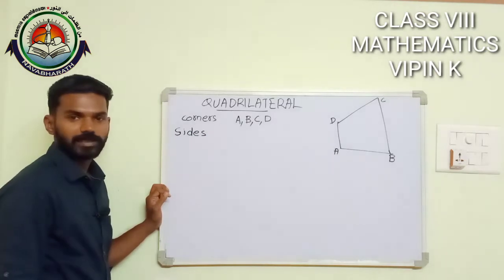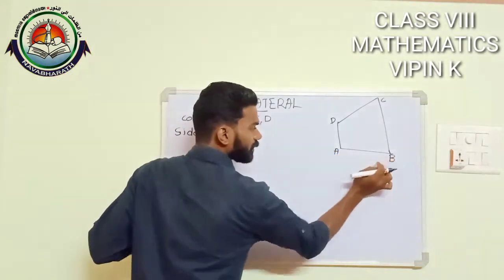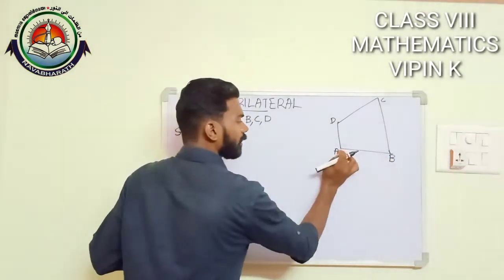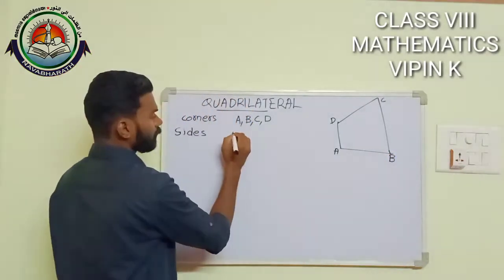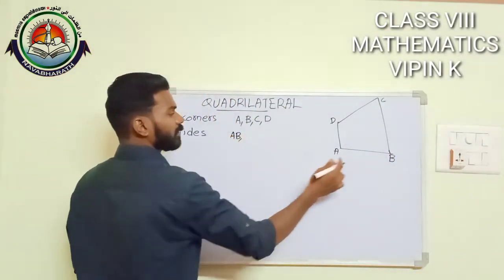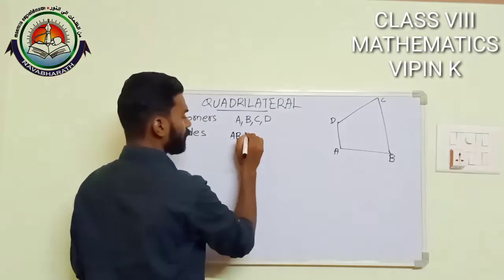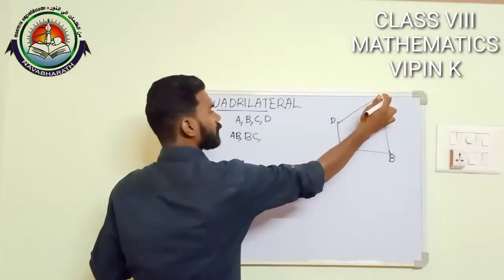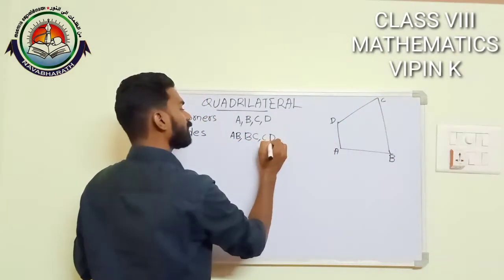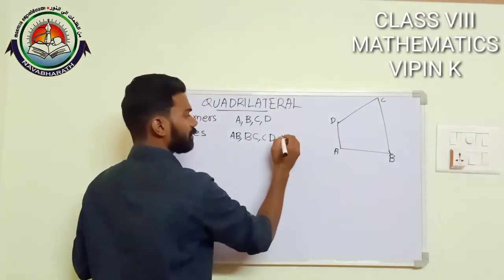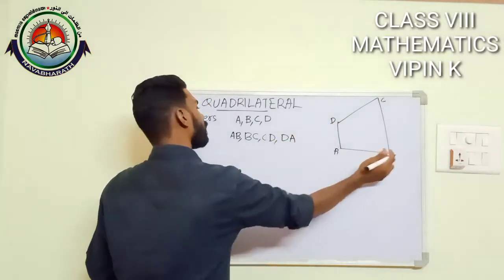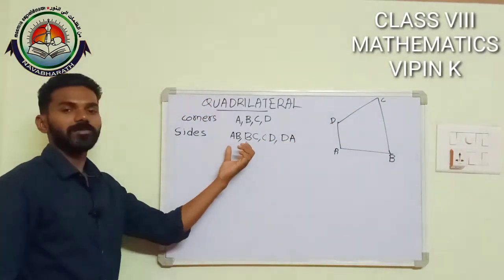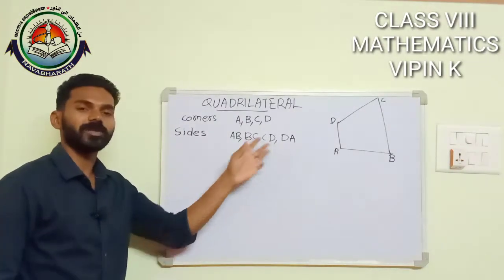This would be one side, AB. The next one is BC. The next one is CD. And the next one is DA. So there are 4 sides and the names of those 4 sides have been written here.